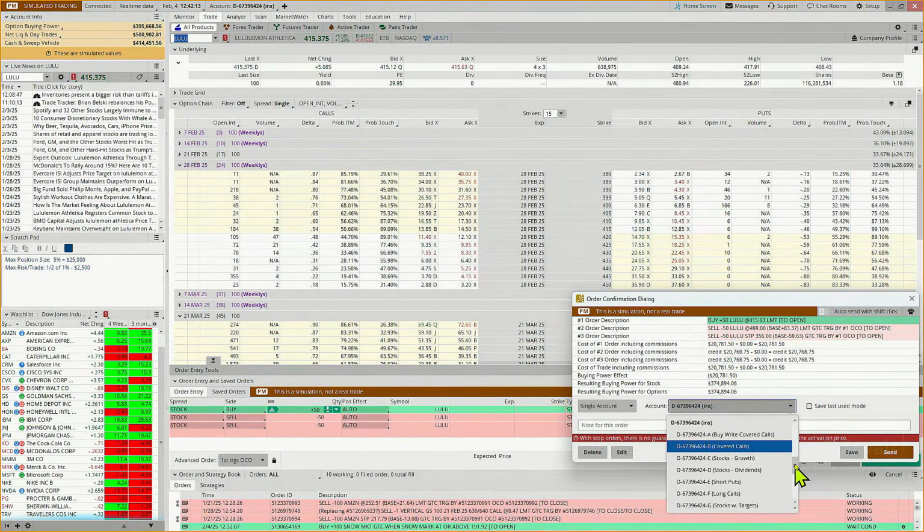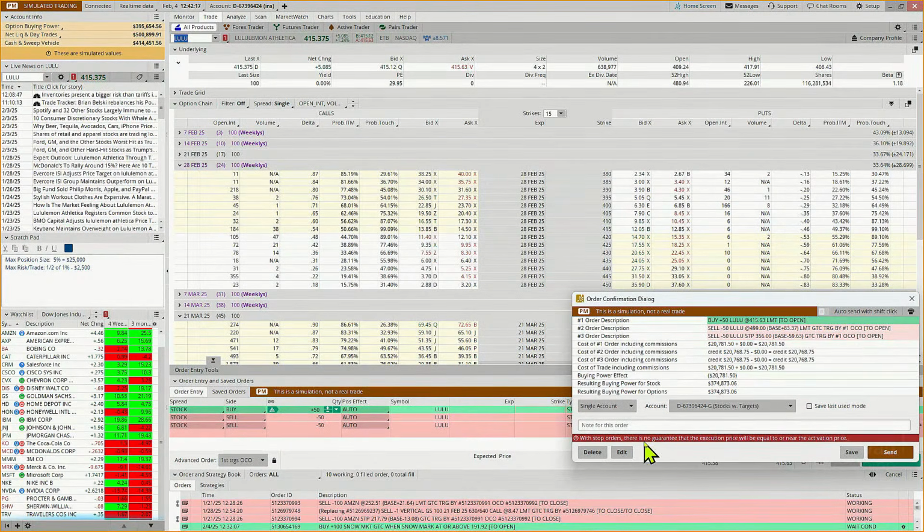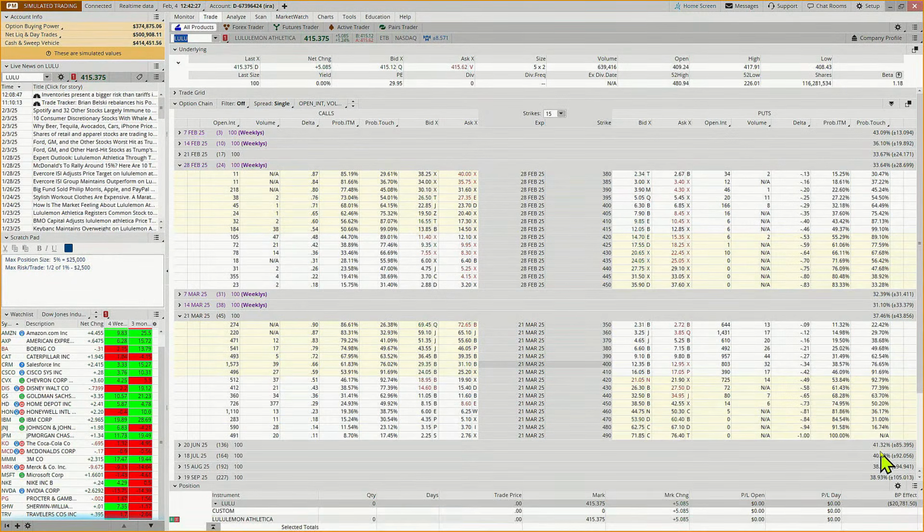And we're going to put this in our stocks with targets. Okay. And fire in the hole. Okay, so we'll wait for that one to fill.